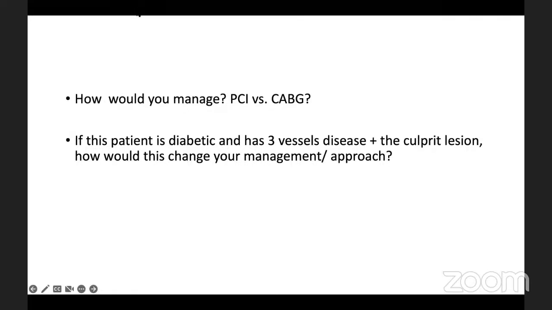In 2015, they did a study called the COMPLETE trial. They randomized patients with STEMI, all stable, not in shock, to stenting the culprit lesion plus the other lesions, versus stenting only the culprit lesion.